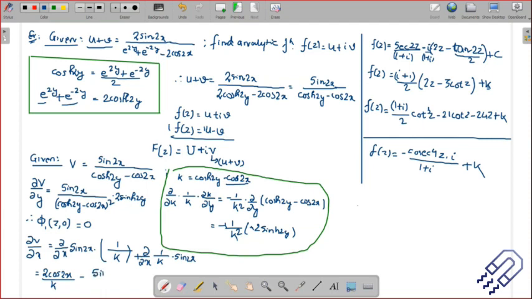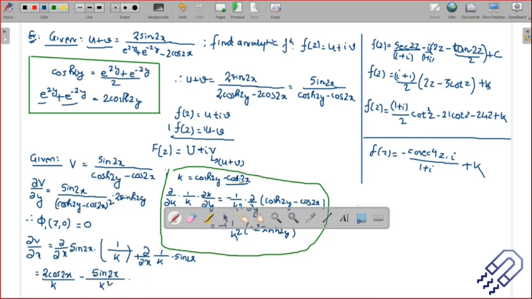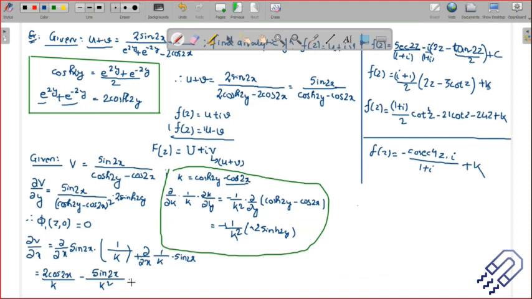If you do it, you should get sine of 2x, which is already there, divided by the k square term. Let's say I write down k square directly, and then you should get only for the cos 2x term, 2 sine 2x. Similar to this, just do it, you're going to get this.